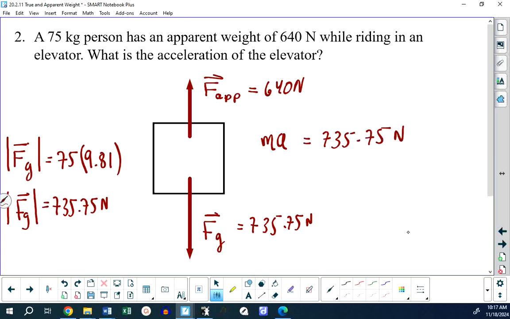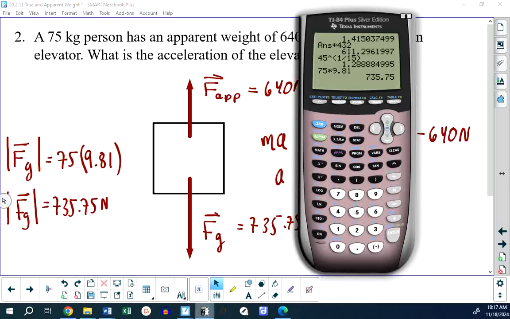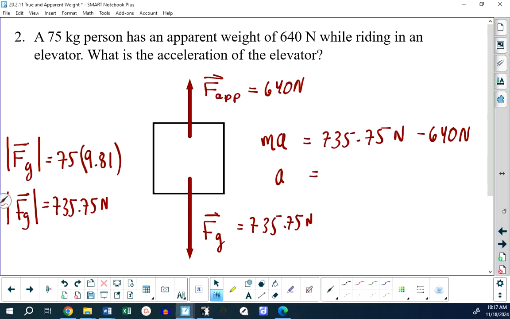Okay. Minus the 640 newtons. And we know this is 75 kilograms, so we just have to take this difference and divide by 75 to get the acceleration. So I'm getting 1.28 meters per second squared.